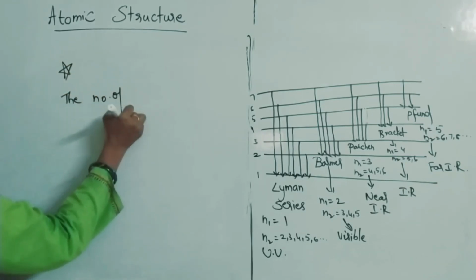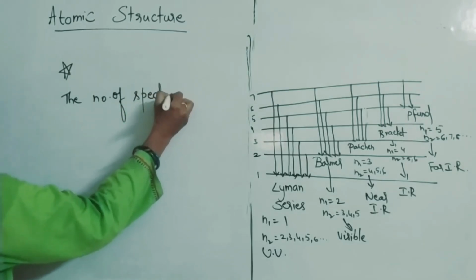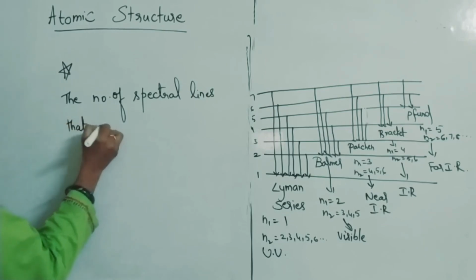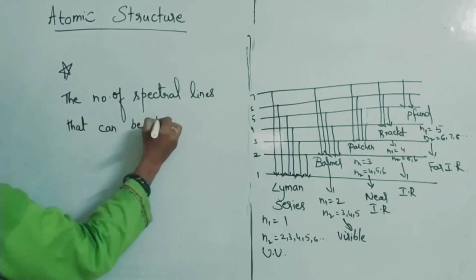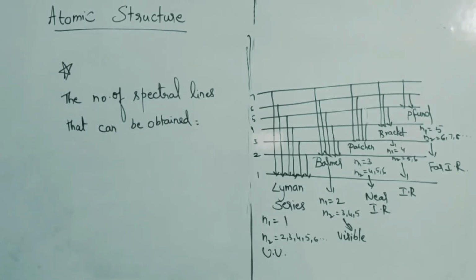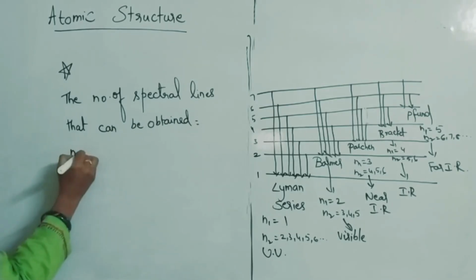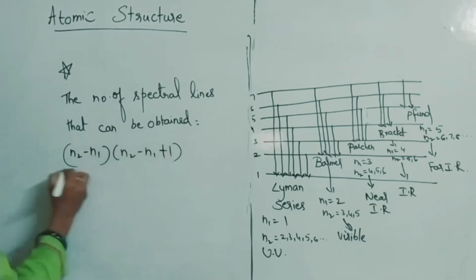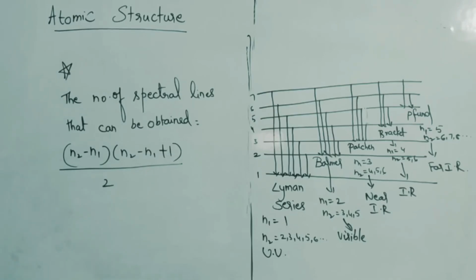The number of spectral lines that can be obtained is given by the formula: (N2 minus N1) into (N2 minus N1 plus 1) whole divided by 2. Here N2 is the higher energy level, N1 is the lower energy level.